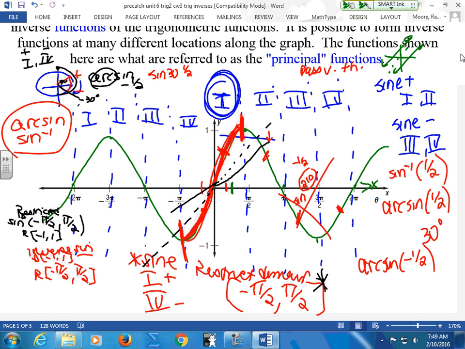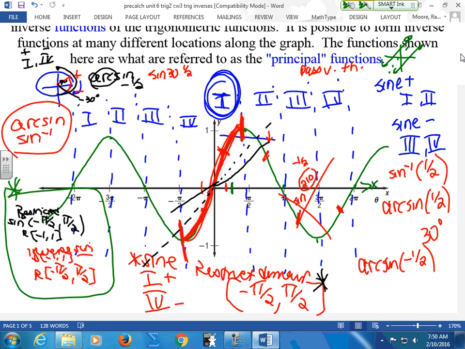Now, I wouldn't ask you to graph it, but I would ask you to be able to give me the sine's new domain and the new range. So if I ask you for the domain of an inverse sine, you restrict your sine curve, right? And then you swap your domain and your range. Do you see it?